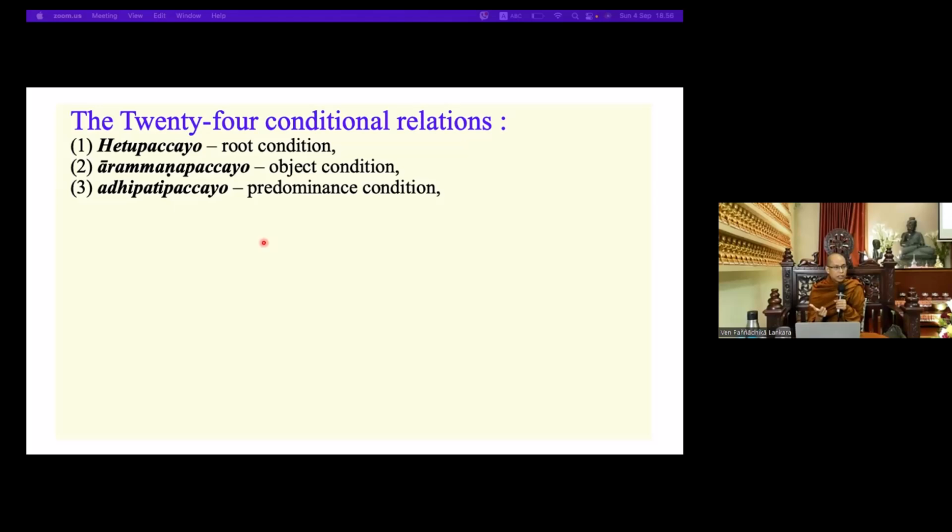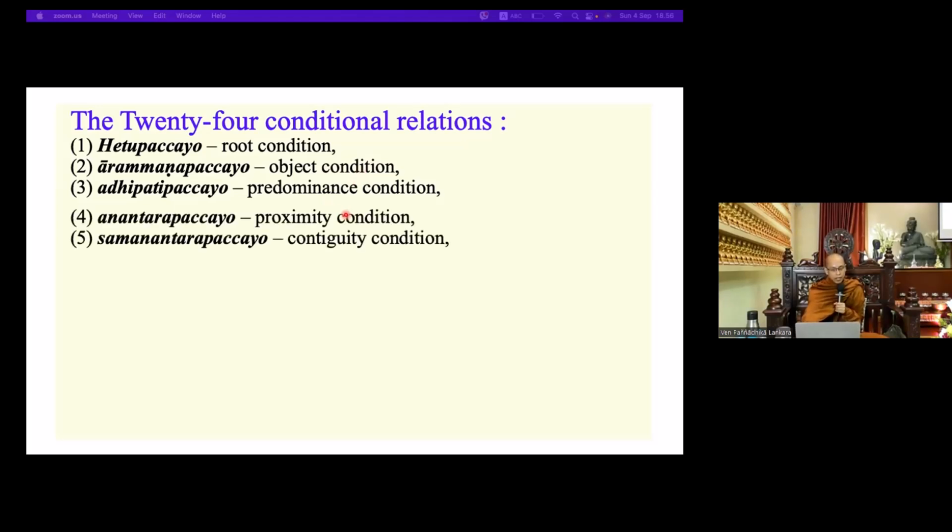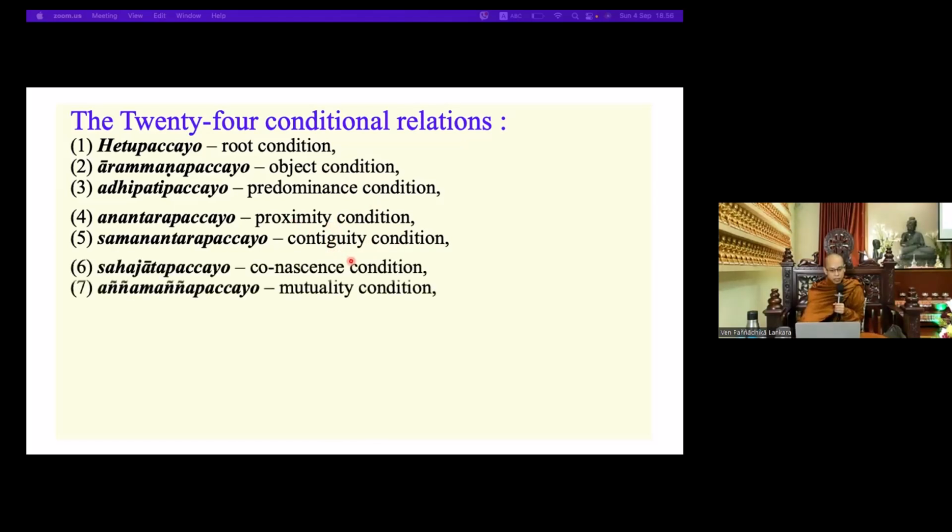But actually, the word condition is larger than that usage of cause and effect. So the object, being an object, is also a condition to give rise or to maintain. And Adhipati Pachayo, predominance condition, and Anantara Pachayo and Samanantara Pachayo, mostly almost the same, proximity and contiguity conditions.